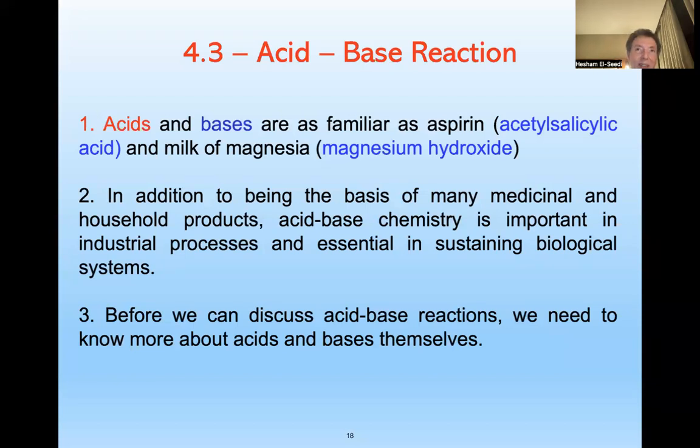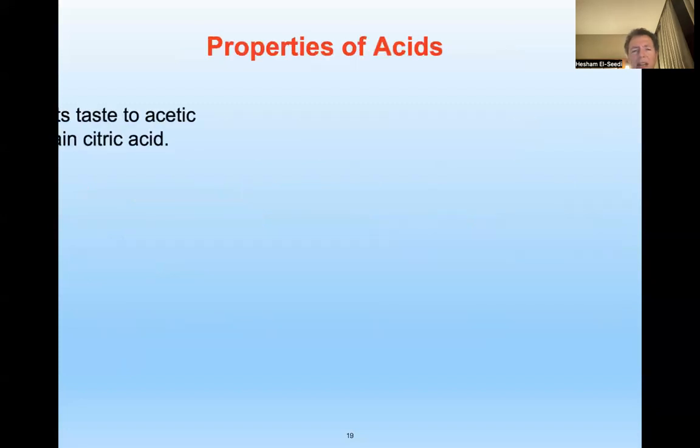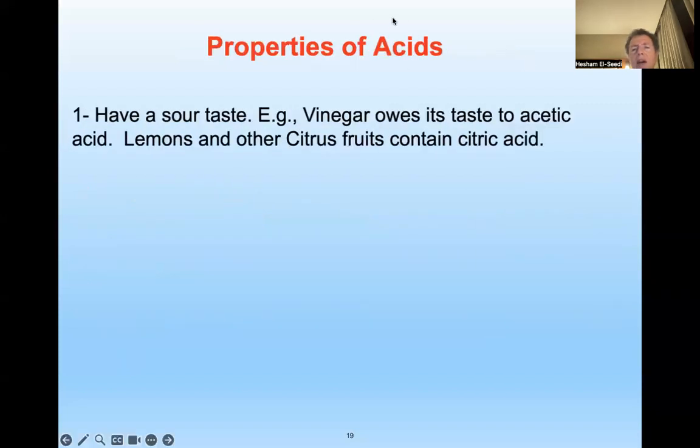As I told you, chemistry is life. It is what we eat, what we wear, what is in industry. Chemistry is usually part of it. So then we can discuss here the properties of acids.